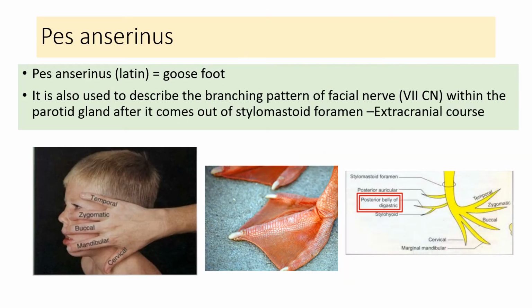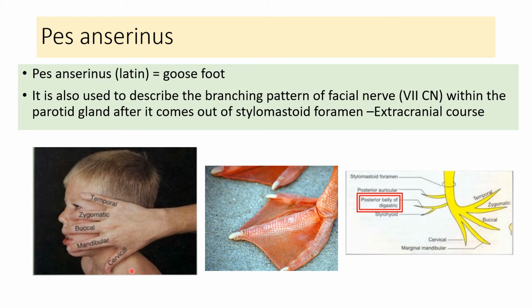Now look at the picture. So in this picture you can see the facial nerve coming out from the stylomastoid foramen and then entering into the substance of the parotid gland, and at the anterior border of that parotid gland it divides into the 5 branches. They are known as the temporal, zygomatic, buccal, marginal mandibular and cervical.